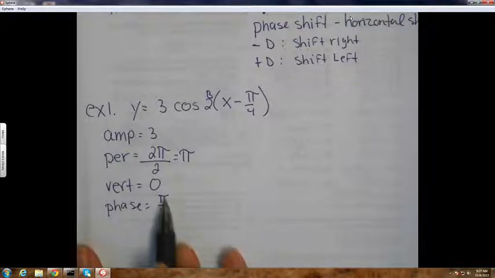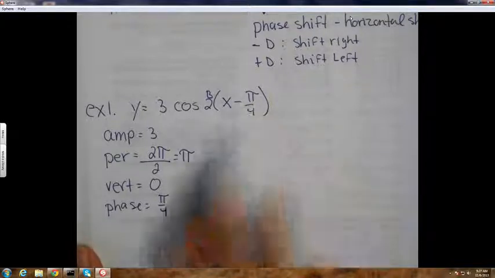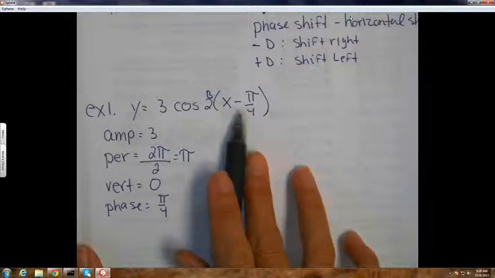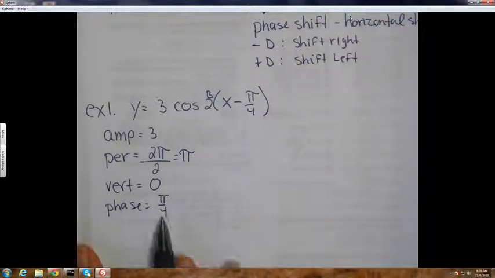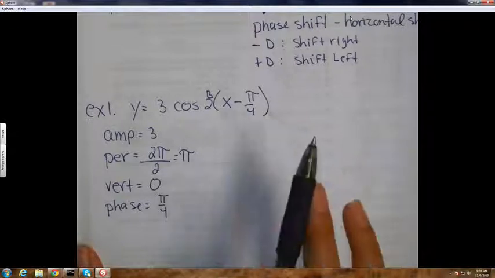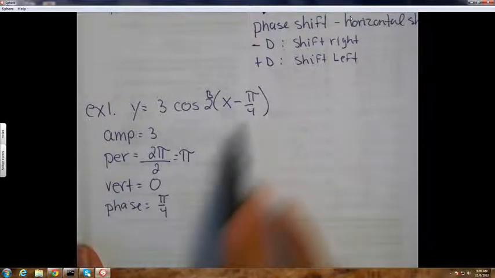If you write this down, when I write down pi over 4, because I saw this was a minus pi over 4, so I know it's to the right, so I put down a positive pi over 4 here, that implies it's going to the right. If I was to put a negative pi over 4 here, that would imply it's going to the left, but I would have seen a plus pi over 4 here to do that. I am not just copying this number right here.